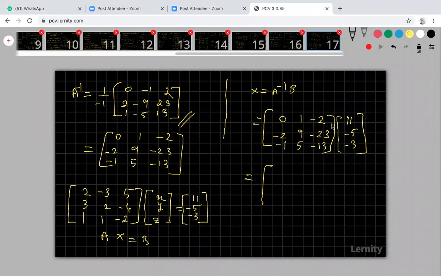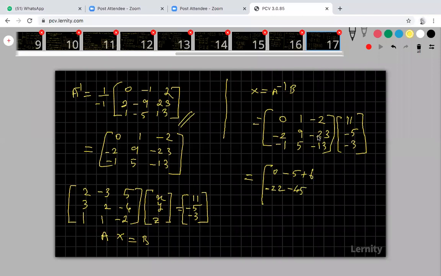So this is 0, this is minus 5, this is plus 6. Similarly, this is minus 22, minus 2 into 11. This is 9 into 5, so therefore minus 45. 9 fives are 45.